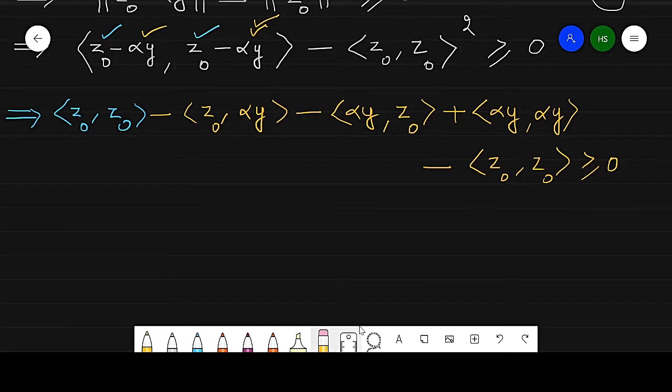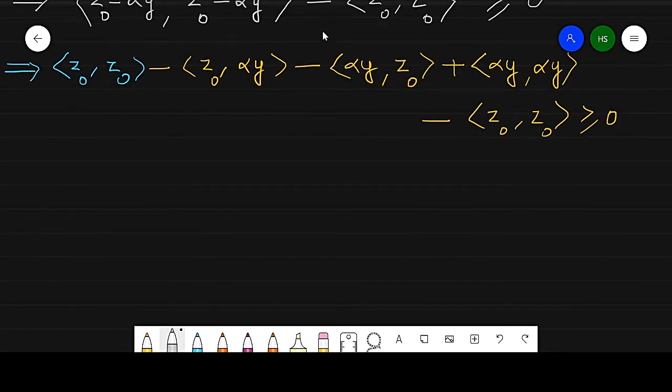So this is the simplification of this equation. Now the first term is cancelled with the last term, so we leave this term at this stage.